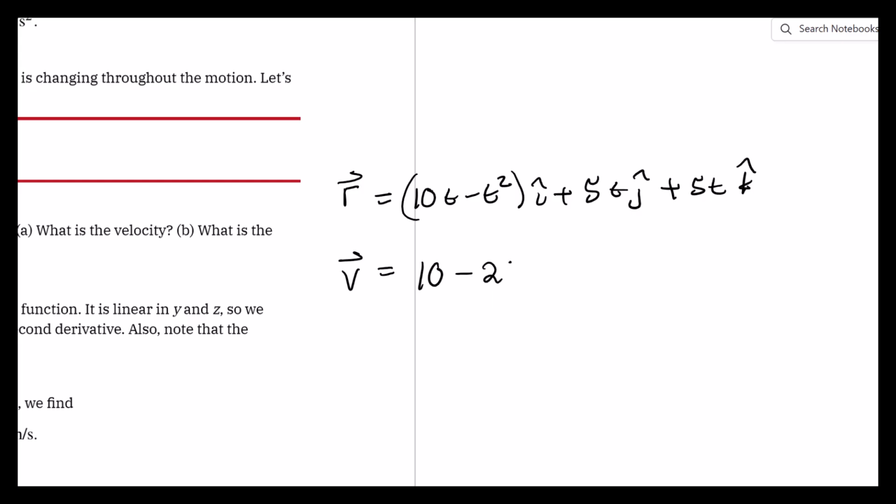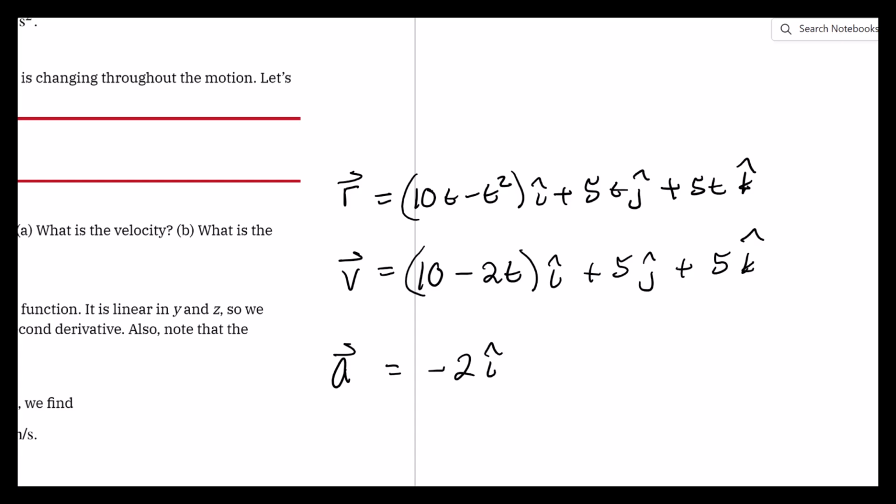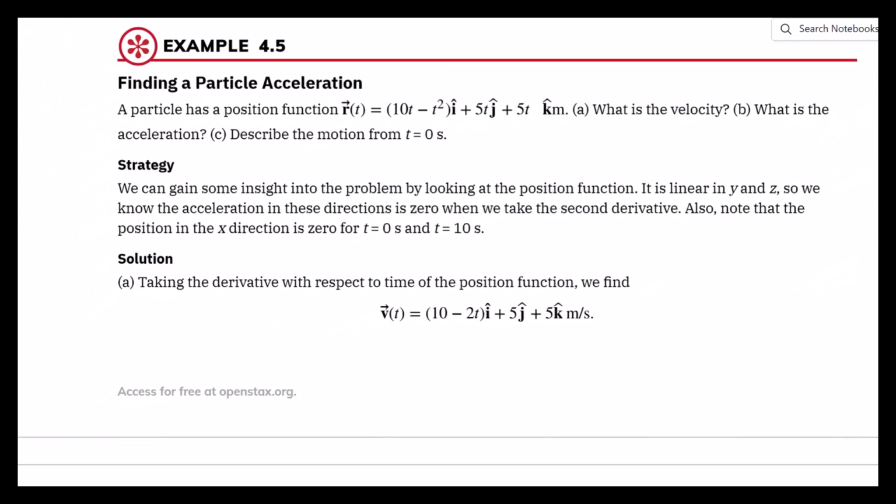See, this is why you need to know calculus before you come to this class. And then acceleration is minus 2 i hat, because the d/dt of 5 is 0, and the d/dt of 5 again is 0. So we just have acceleration in the i hat direction. Make sense?